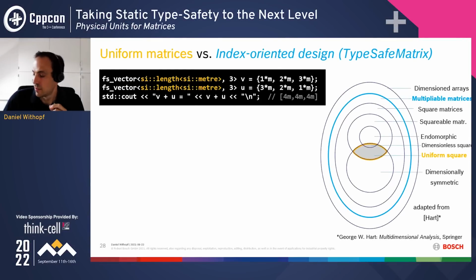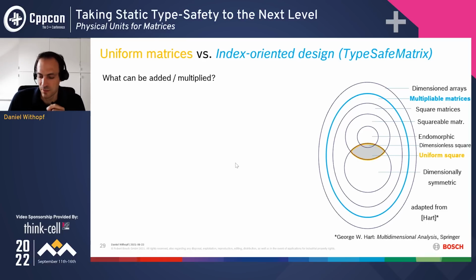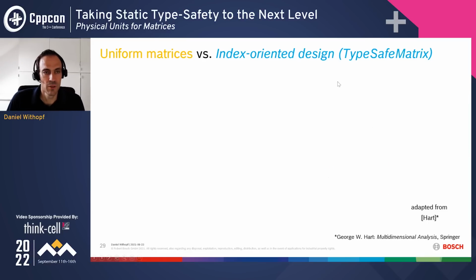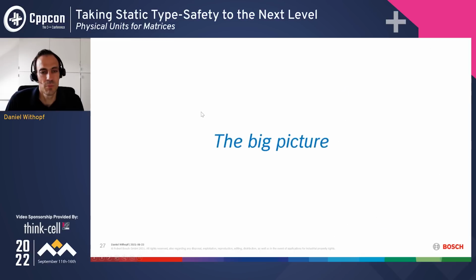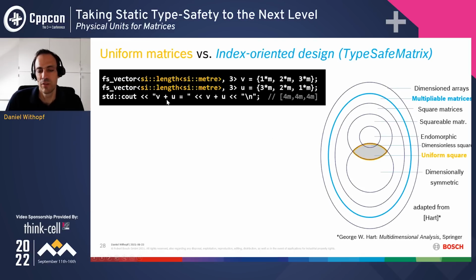On this slide, the image on the right-hand side is actually taken from the book I mentioned, Multidimensional Analysis by George W. Hart. Sorry, I have to go back one slide. In that slide, I want to explain the difference between the two approaches that I mentioned. In the beginning, we had that uniform matrix approach where we simply used the value type in a vector to specify a physical unit for all of the entries in that vector or matrix.